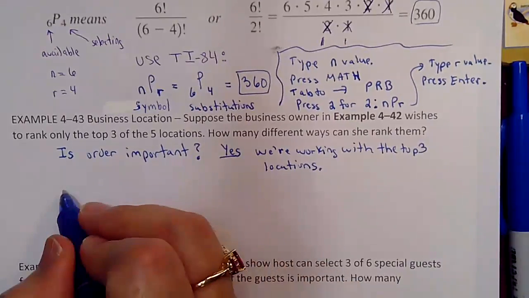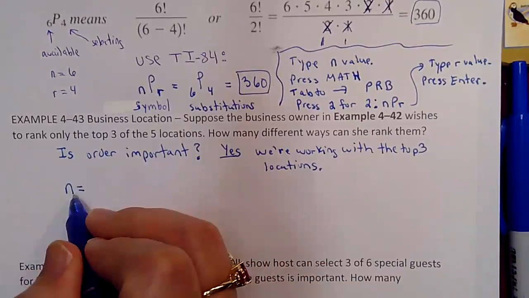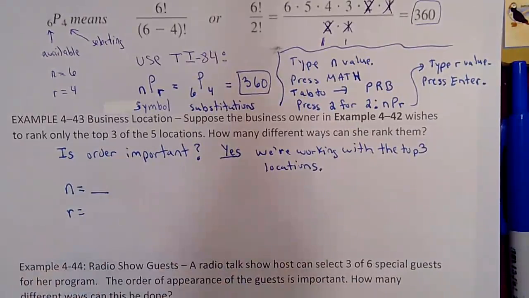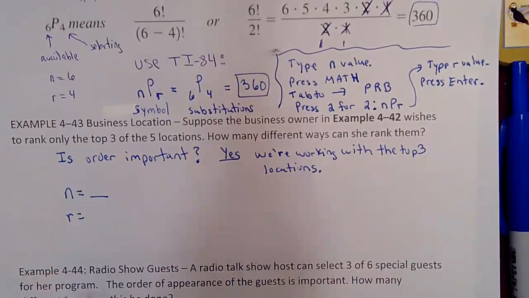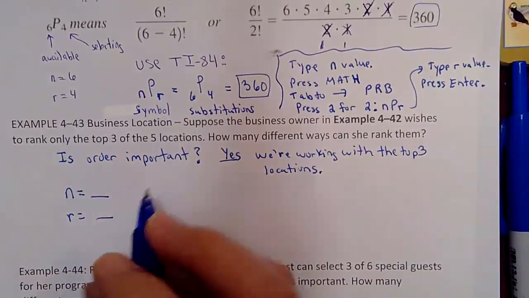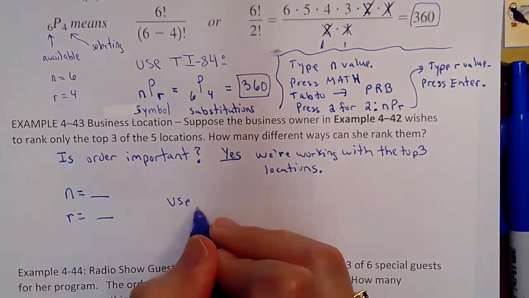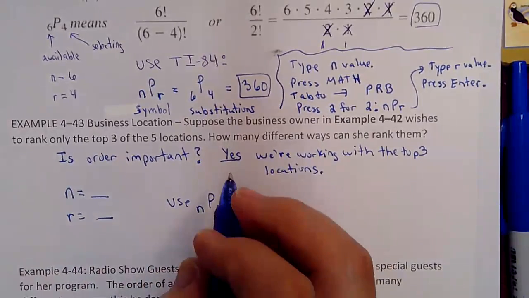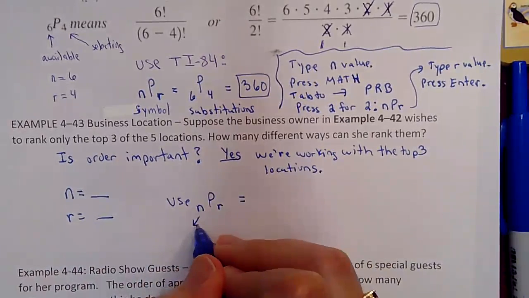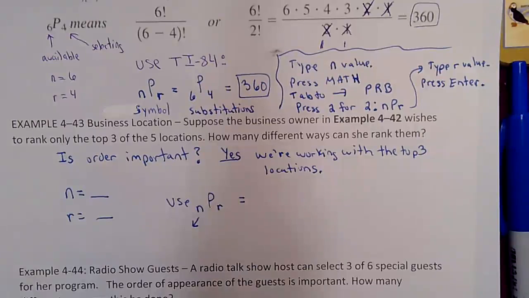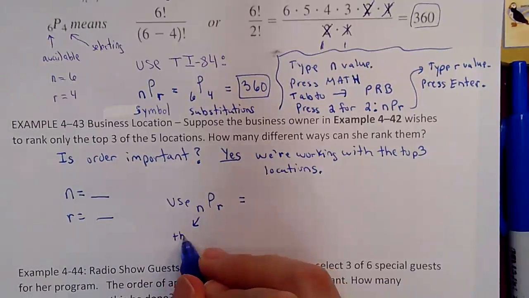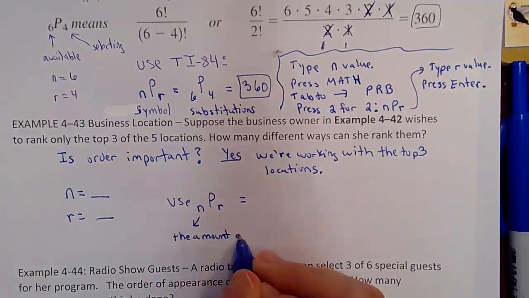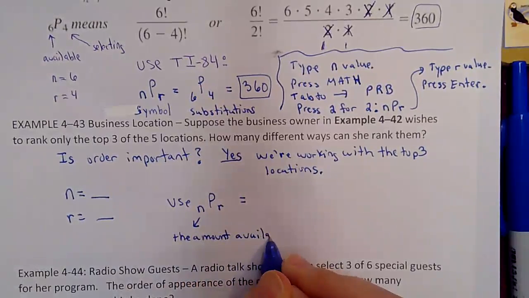So my N and my R. Let me explain how I know what these are going to be. We're going to use NPR because order is important, and N represents the amount available.